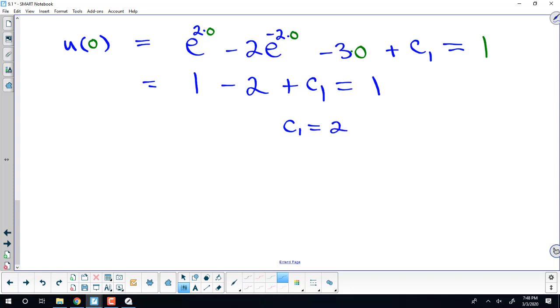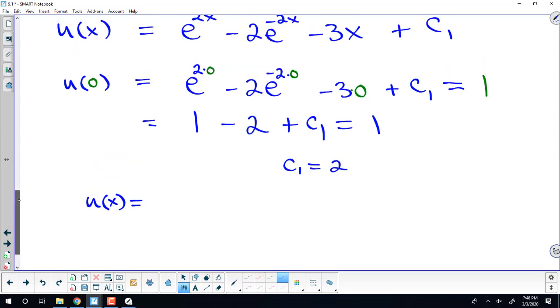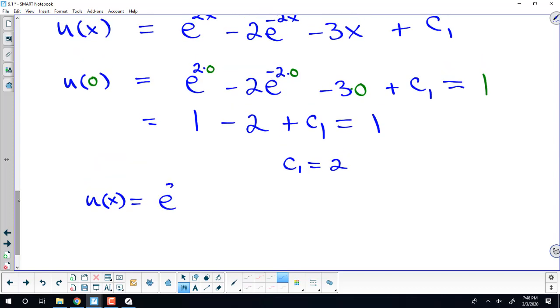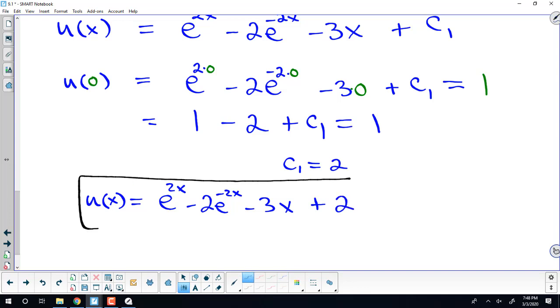So second constant is 2, therefore our function was e to the 2x minus 2e to the negative 2x minus 3x plus 2. Easy enough? Any questions on that one?